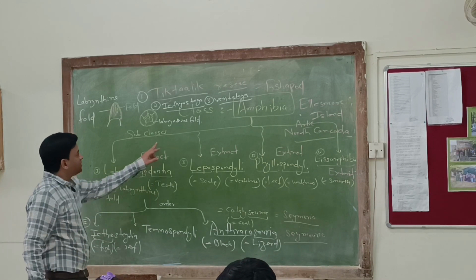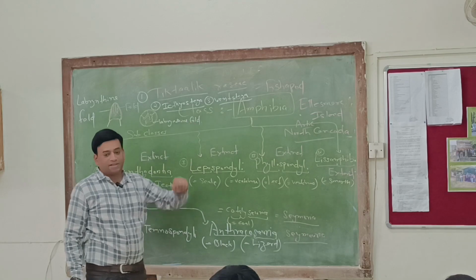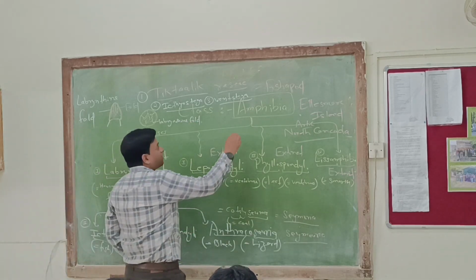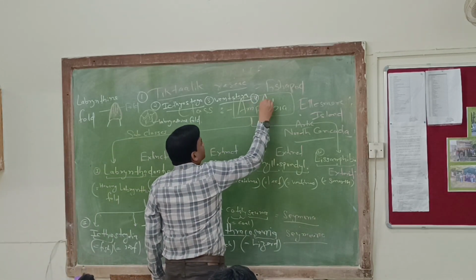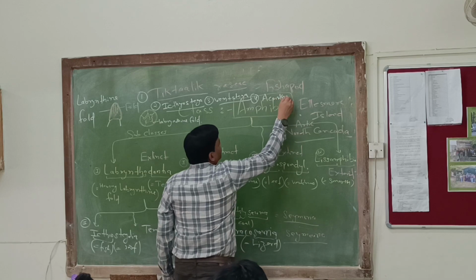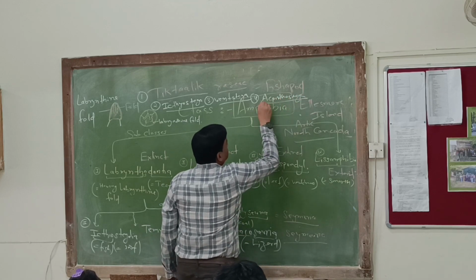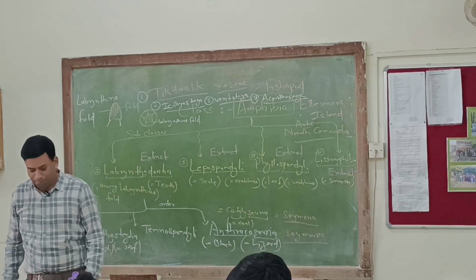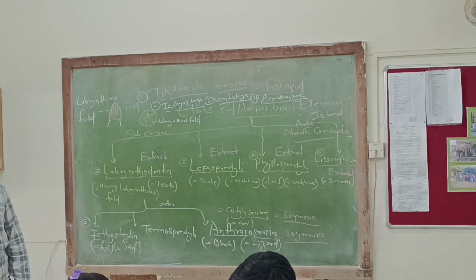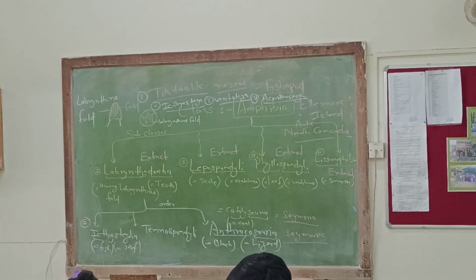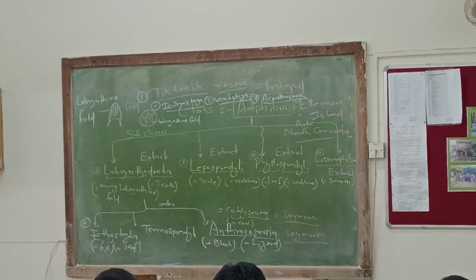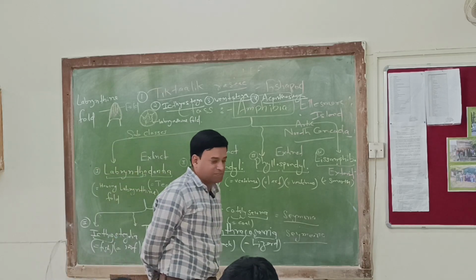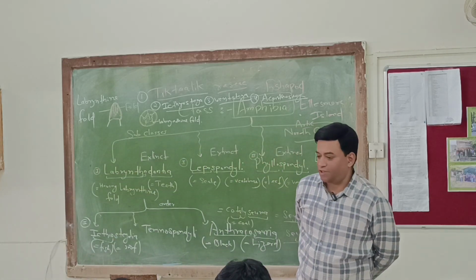And the examples are Ichthyostega, then Ventastega, then fourth Acanthostega. What are the examples? The examples are Ichthyostega, Acanthostega, Ventastega and Tiktaalik rosae. Tiktaalik rosae, not rosy.